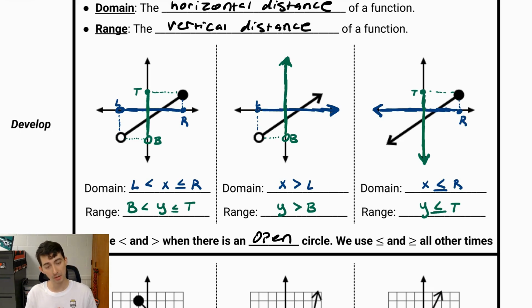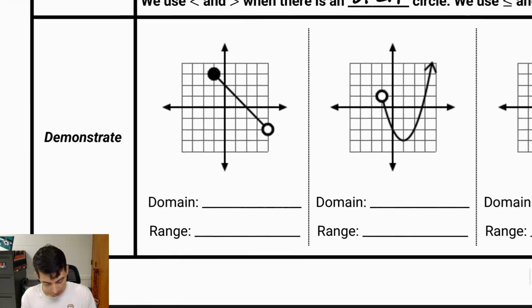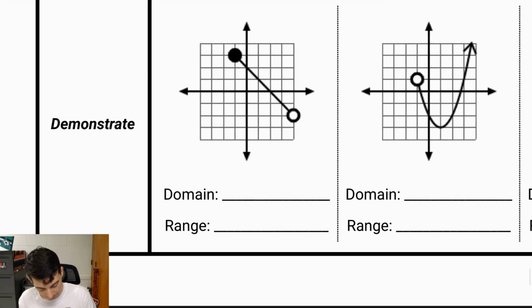Okay, let's do some examples with some actual numbers here. So let's find the domain. So I see my leftmost point, this has two endpoints, is right here, and that's at -1. And my rightmost point is right here at this open circle, which is 1, 2, 3, 4.